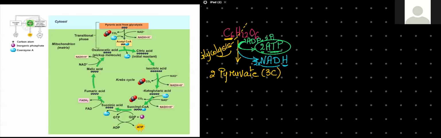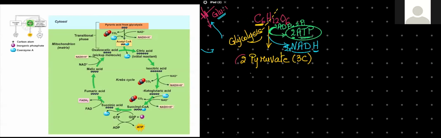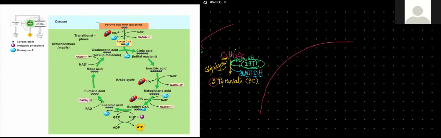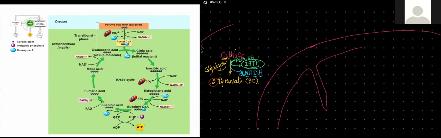In order for me to complete the breakdown of this glucose, which now became 2-pyruvate, I need to carry the pyruvate to the inside of the mitochondria. If you remember, what was the mitochondria responsible for? It was the one responsible for the production of energy. And here we are studying how the mitochondria are going to be producing the energy. So the mitochondria, if you remember, is formed of 2 membranes.